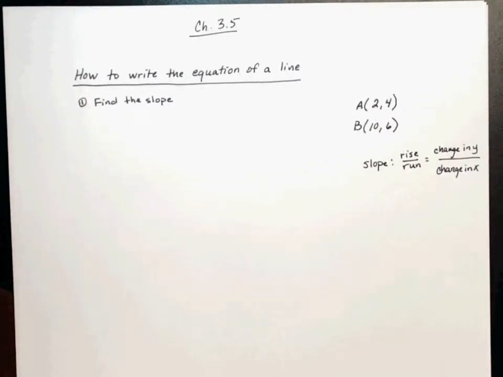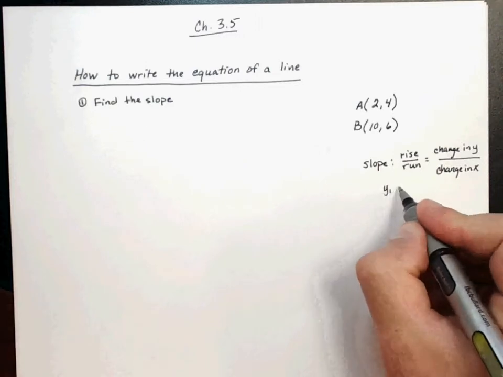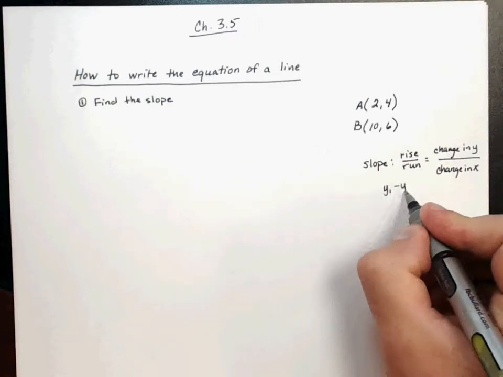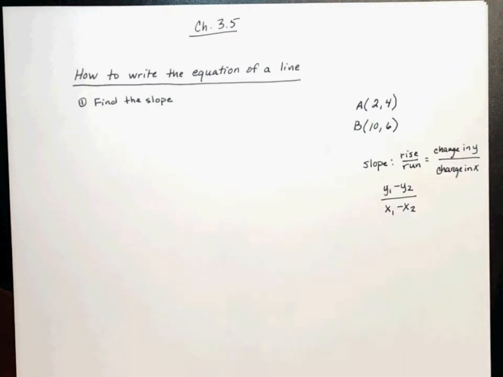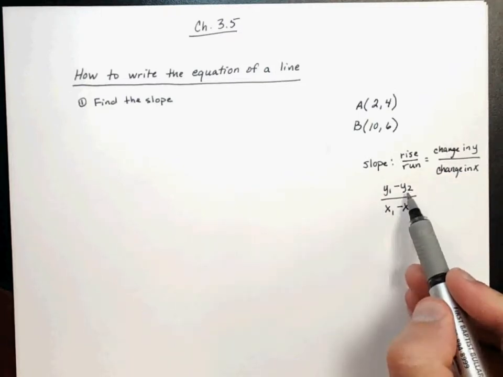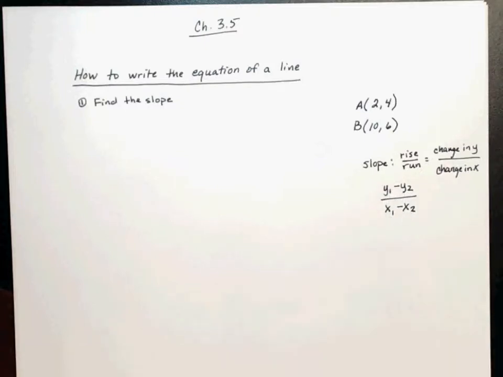Right? So, in order to find the slope, we had a formula, and our formula was y1 minus y2 over x1 minus x2. Okay? Or you could say y2 minus y1 over x2 minus x1. It doesn't matter either way. All right? But we're going to find the slope of the line that goes from A to B.